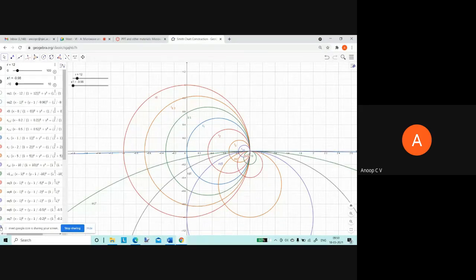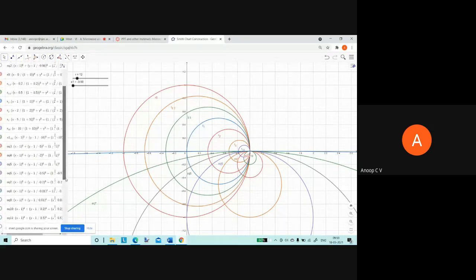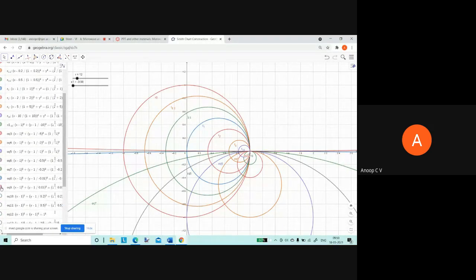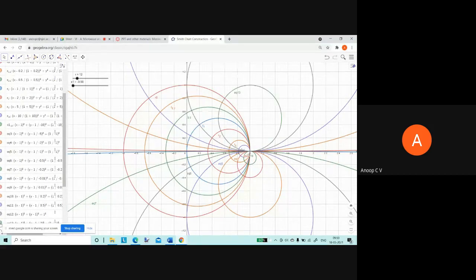When x is negative, the circle lies in the bottom half, right? And when x is positive, what are we seeing? When x is 0, it will be a straight line along the real axis. When x is positive, the circle lies on the positive side of the imaginary plane. So you just neglect the parts outside this unit circle.